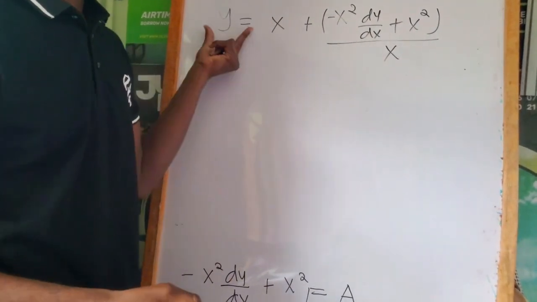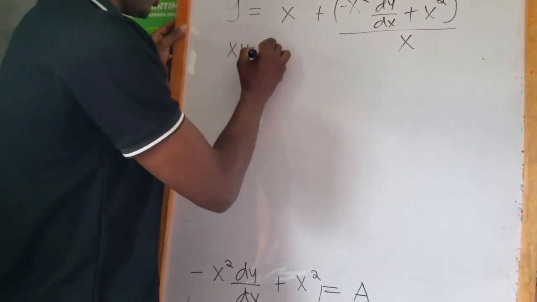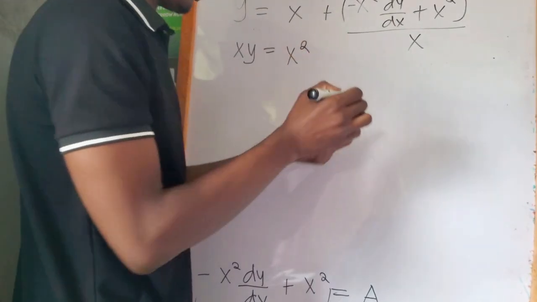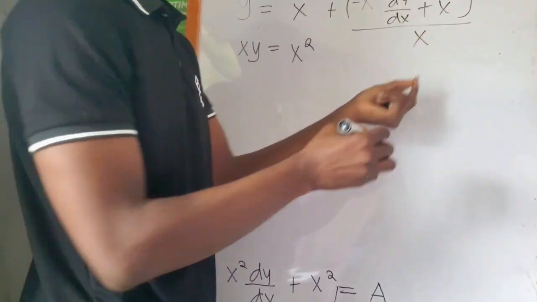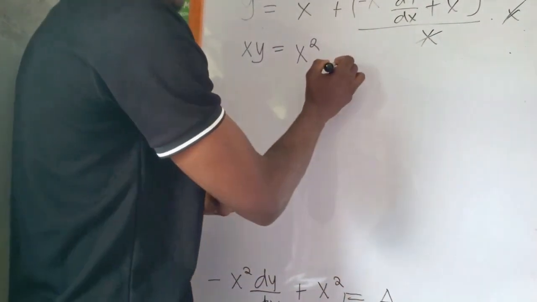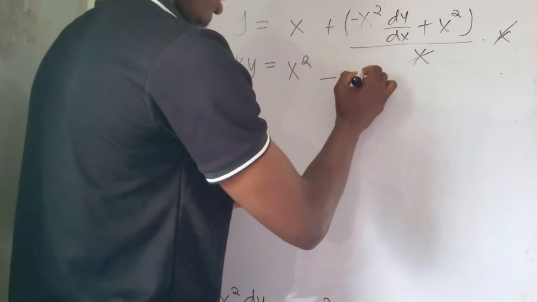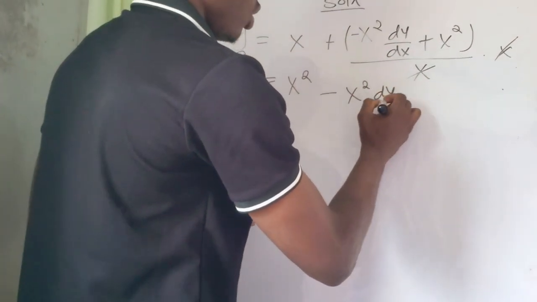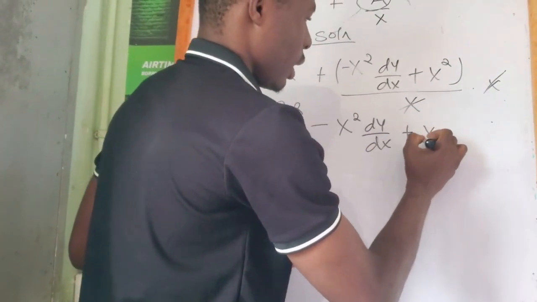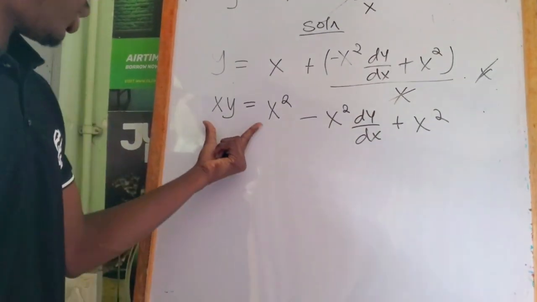All right, so let us clean things up. Let's multiply x to each term. If we do that, we get xy is equal to, multiply x here, you get x squared, and you multiply x to this term, it will get rid of x. If you multiply x here and here, they cancel out, leaving you with, if we open this bracket, you get this minus x squared dy/dx plus x squared. Okay, let us take these terms to this side.